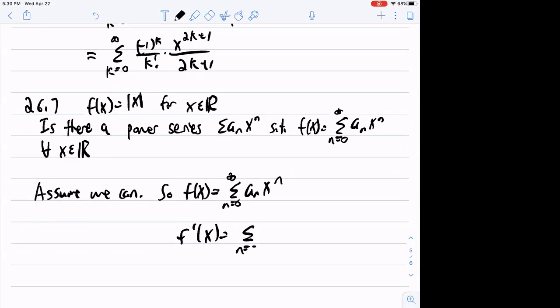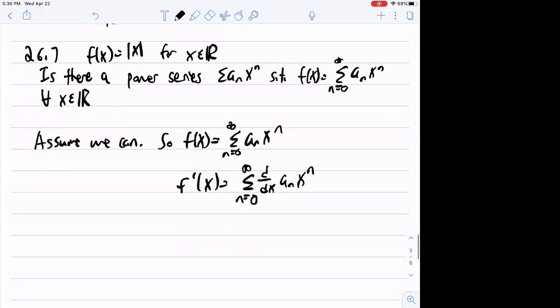I skipped a step, but hopefully we're all clear. It's d/dx on the outside, and I bring it to the inside. So here again, it's the sum from n equals 1 of n a n x to the n minus 1.